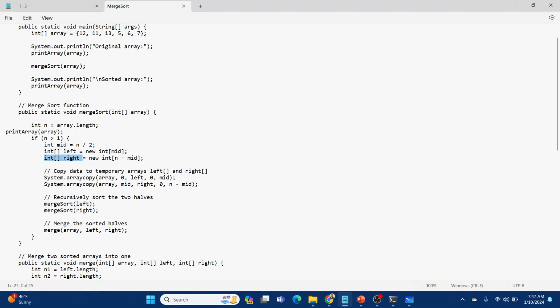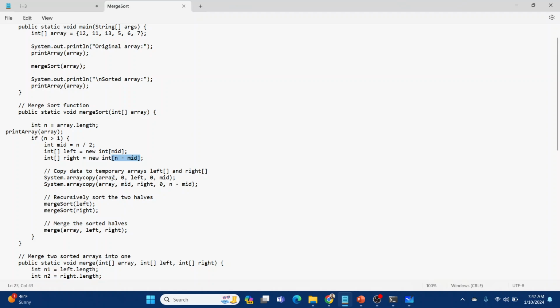The size of the left array will be mid. For example, if 6 is divided by 2, it is 3, and the size of the right will be n minus mid, so that if there is a 7 or any odd number, it will be divided correctly, right? Then we can copy the data into the left array and the right array.